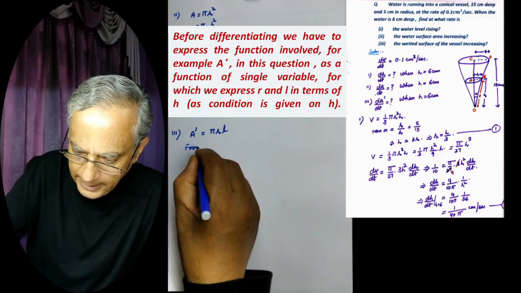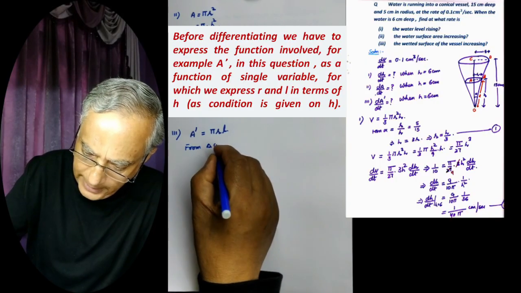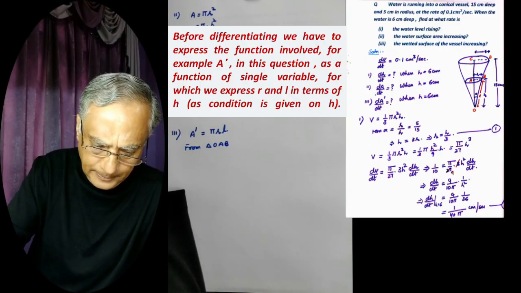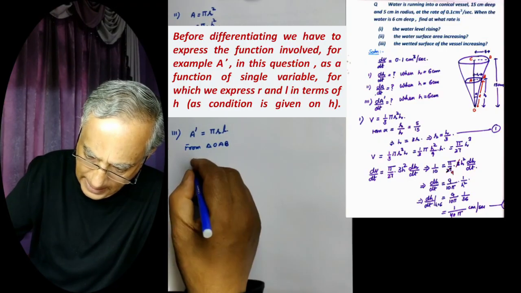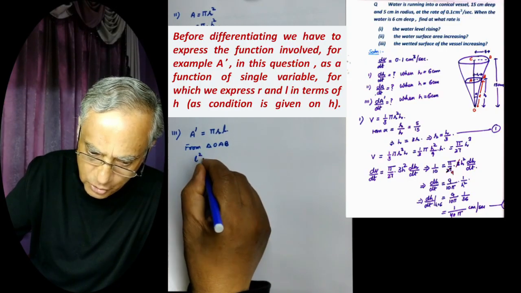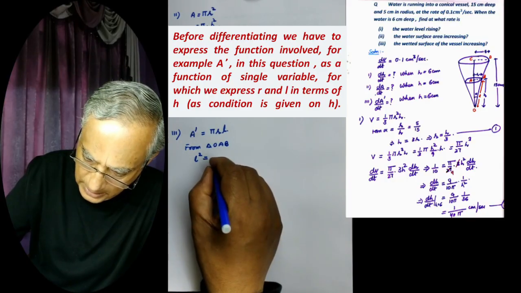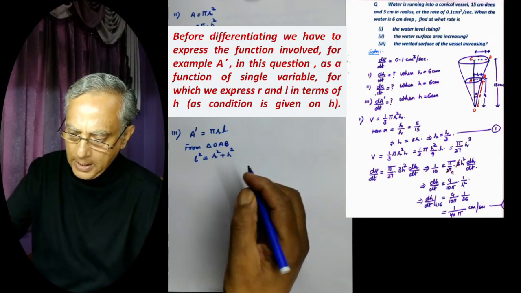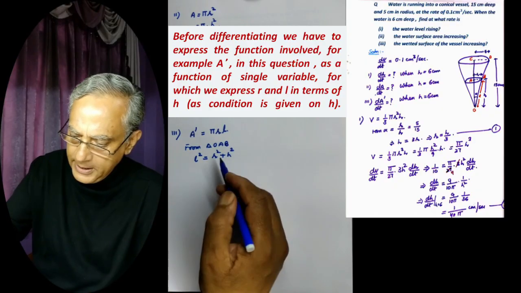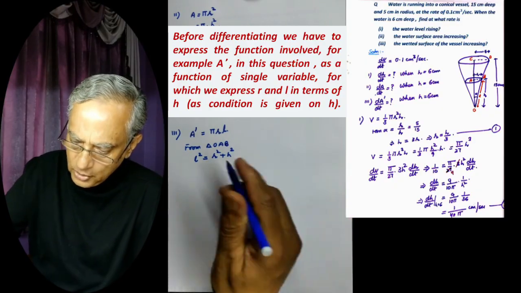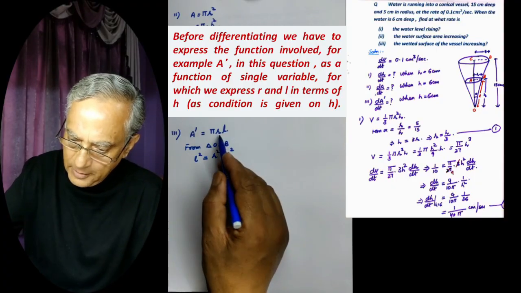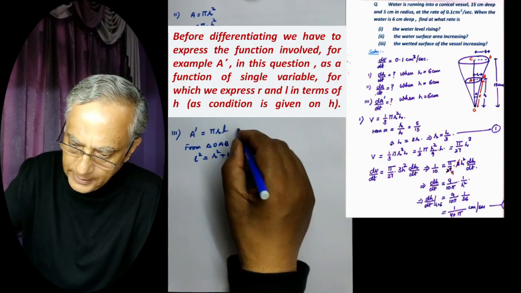From triangle OAB, we have L square, hypotenuse square is equal to R square plus H square, base square plus height square. This OAB is a right angle triangle. Now we have to express this in terms of H.